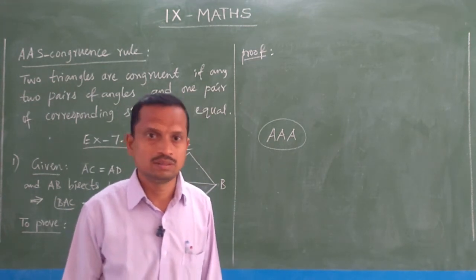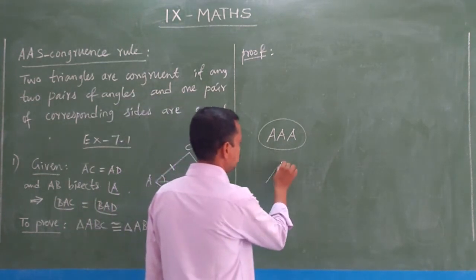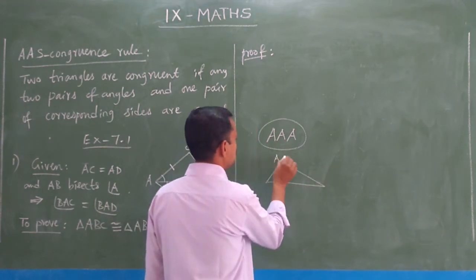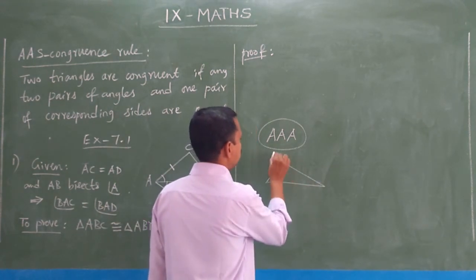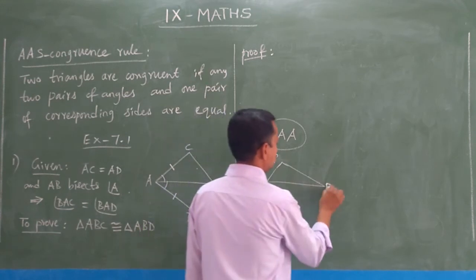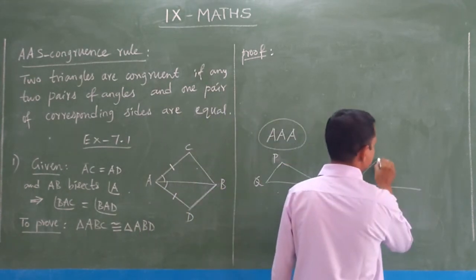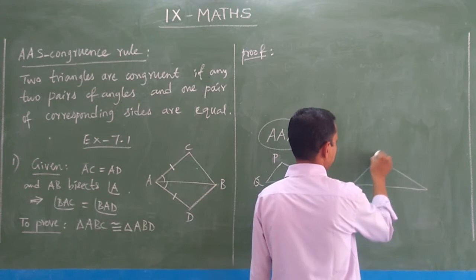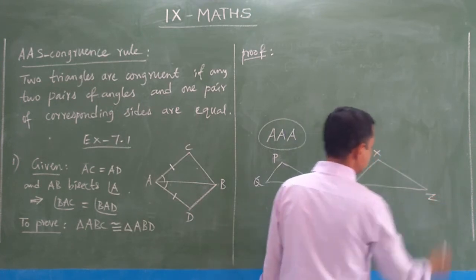Can you understand? See, take triangle PQR and another triangle XYZ.